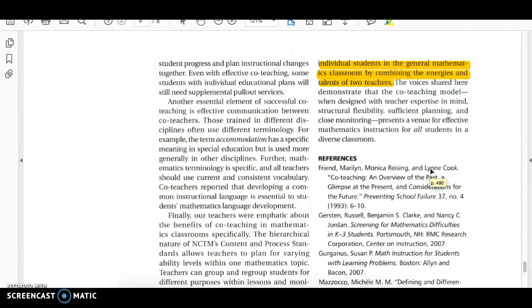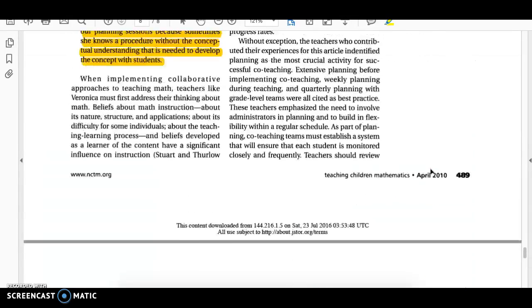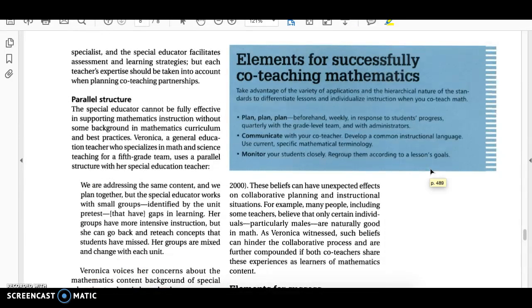5 co-teaching models. The reason I like this article as a special education teacher is that I very much am a supporter of co-teaching, and though in my specific position, I teach in a self-contained classroom and so I don't get to experience co-teaching, all the other resource teachers in my building are in co-taught classes, and so there could be a time when I eventually would be doing that.